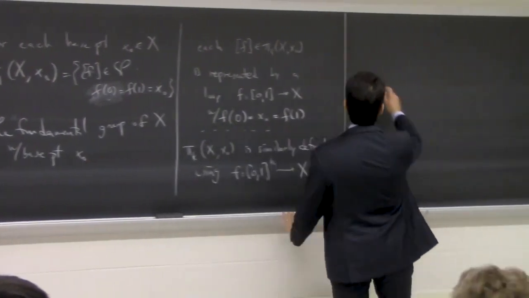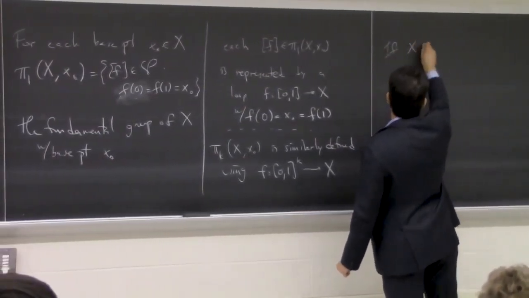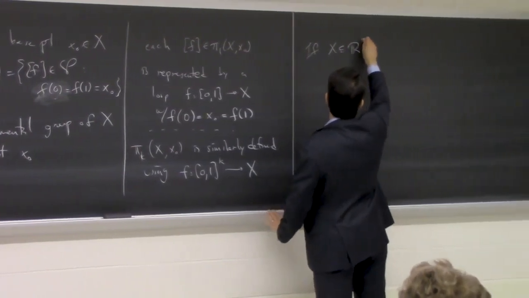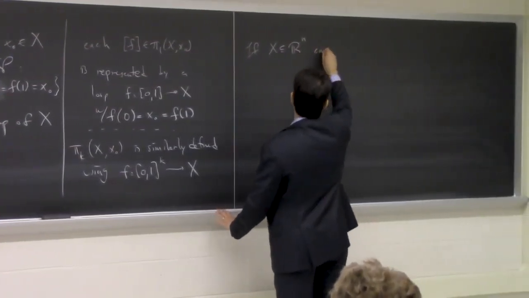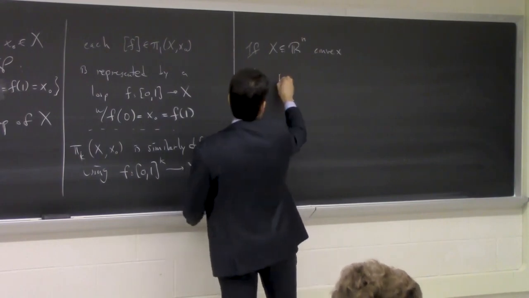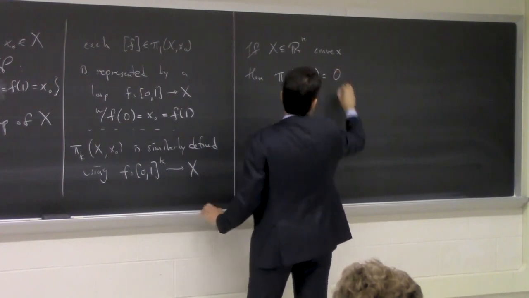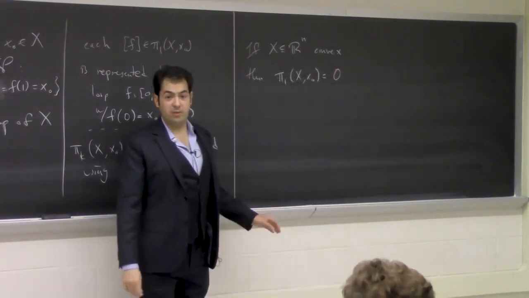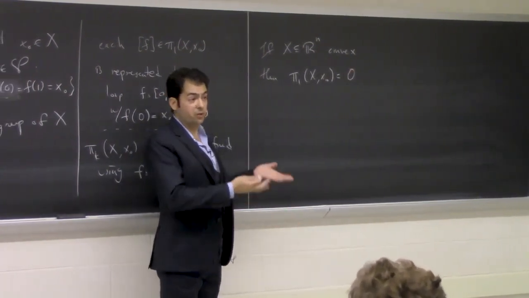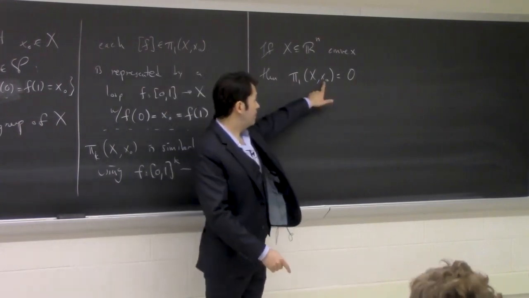We have one example so far, which is if X is a convex subset of Euclidean space, then pi1 of x naught is 0. So by which we mean it's the trivial group, right? It's the group with a single element. So that element can be represented by the trivial loop based at x naught.